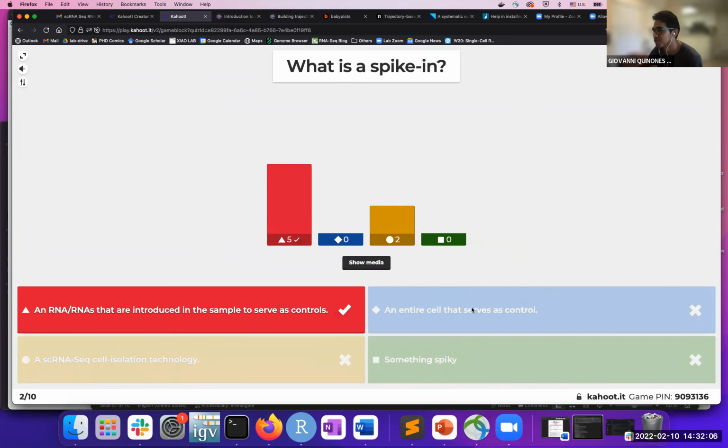Let's see, yes, most people got it correct. I'm happy about that. So a spike-in is an RNA or a group of RNAs introduced into your sample, into your experiment, so that they can serve as controls. Great.